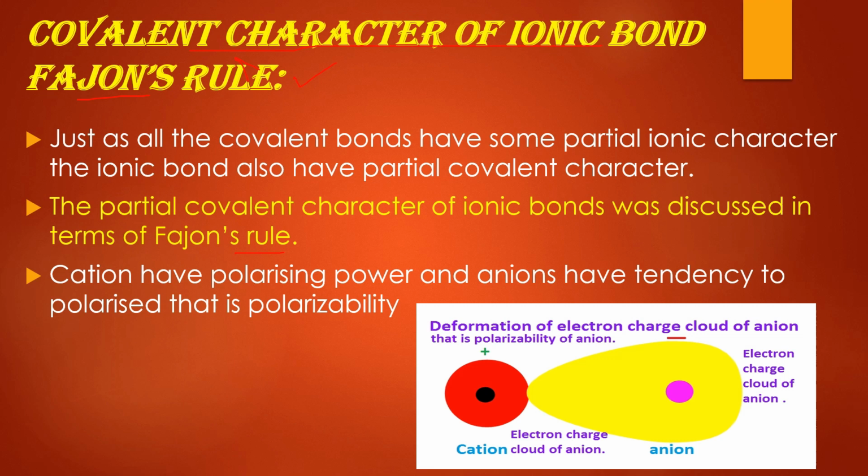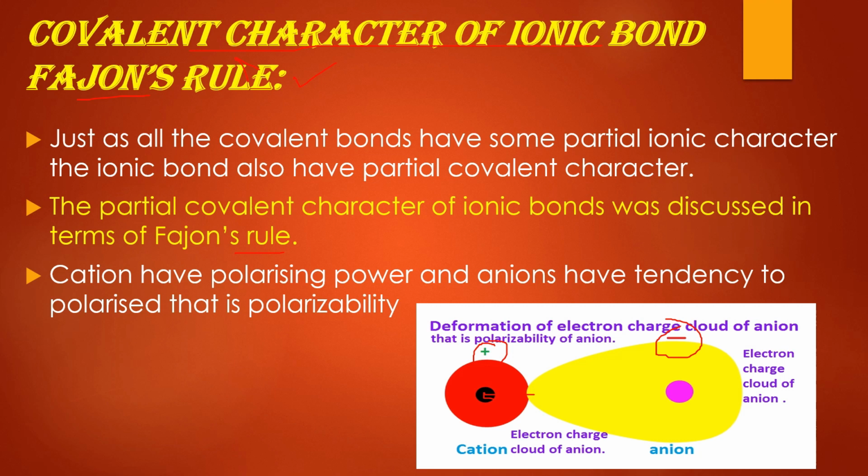Now look here how the covalent character comes into the picture in the ionic bond. Now you see here, this is the cation, and this is the anion. You know that the cation has a smaller size, the anion has a bigger size. Now whenever the electron cloud comes closer to the nucleus of this, it is attracted towards the nucleus of the cation. So whenever the negative charge goes to the cation, then the cation's positive charge decreases.